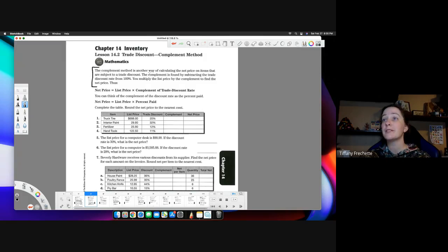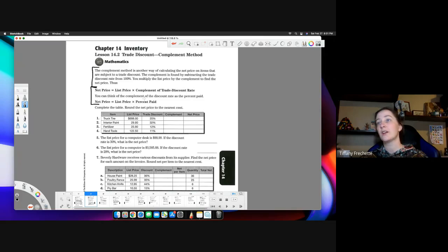So the complement method is another way of calculating the net price on items that are subject to a trade discount. The complement is found by subtracting the trade discount from 100%. You multiply the list price by the complement to find the net price. Thus, they give you a couple formulas here. Net price equals list price times the complement of the trade discount rate.